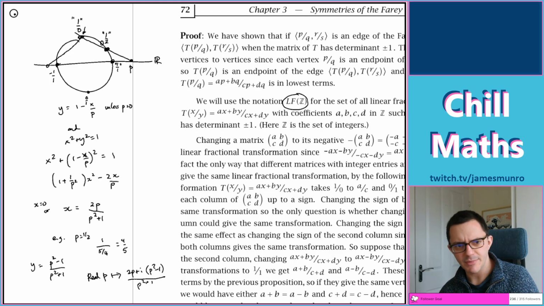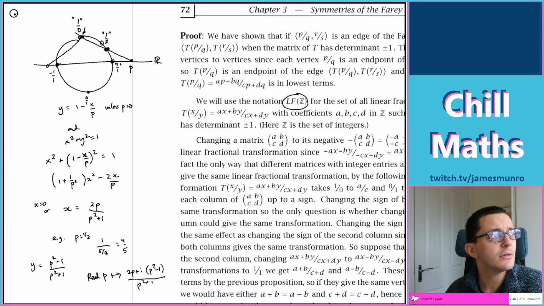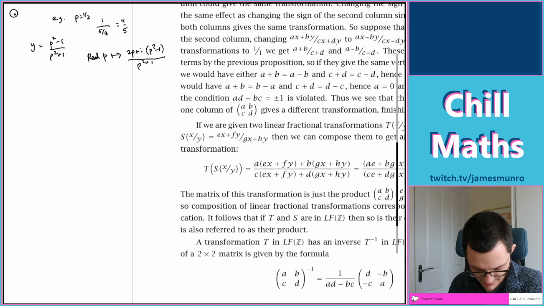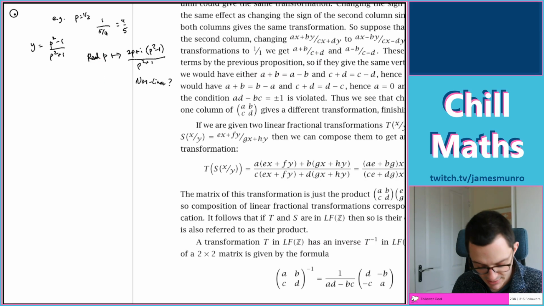Can I find the Mobius map that does this and check that it's equal? Maybe the Mobius map would be different. Mobius maps are sharply triply transitive, so if I just make sure that I send 0 down here. Yeah, so let's do it again, but using a Mobius map. So is this non-linear? It looks weird, but maybe it's just an artifact of using real p, and that I should be thinking more generally.